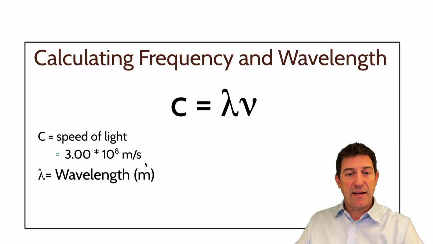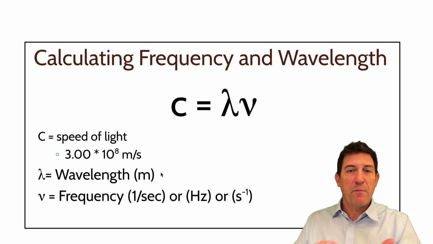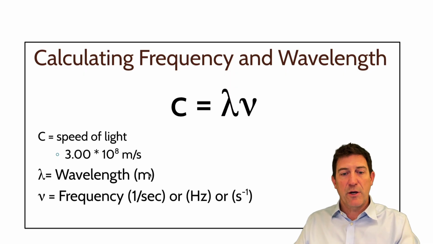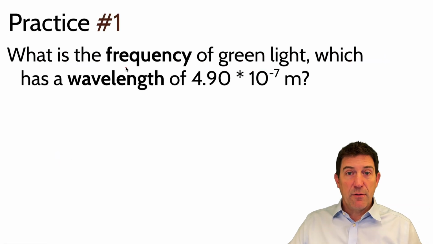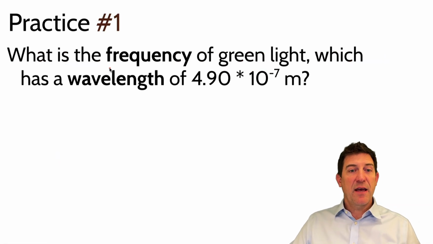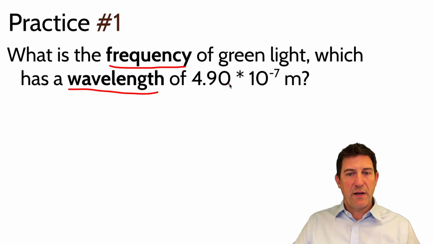Wavelength, we talked about that, is measured in meters or some form of meters, like maybe nanometers or kilometers. And then the frequency over here is measured in hertz. So here we go. Let's put that equation to the test. Notice we have: what is the frequency of green light, which has a wavelength of 4.90 times 10 to the negative 7 meters?